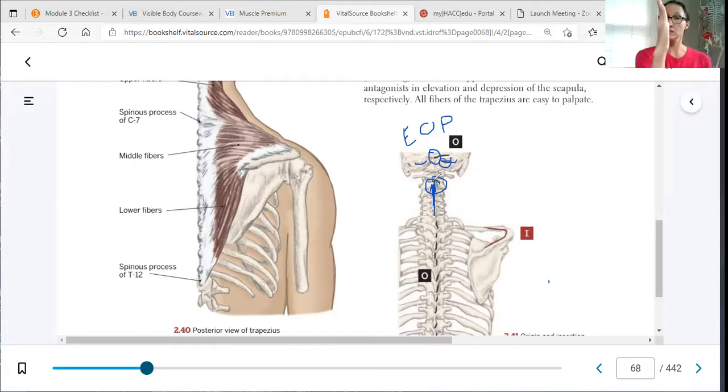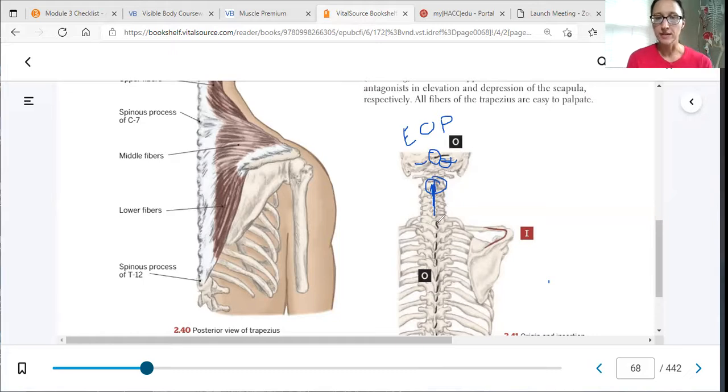So it's not thick, but it's wide, okay? So it extends off the back of the neck like that. That is another muscle attachment for trapezius, okay? So right now we have the EOP, medial portion of the superior nuchal line, and ligamentum nuchae. So that's 3 of them.